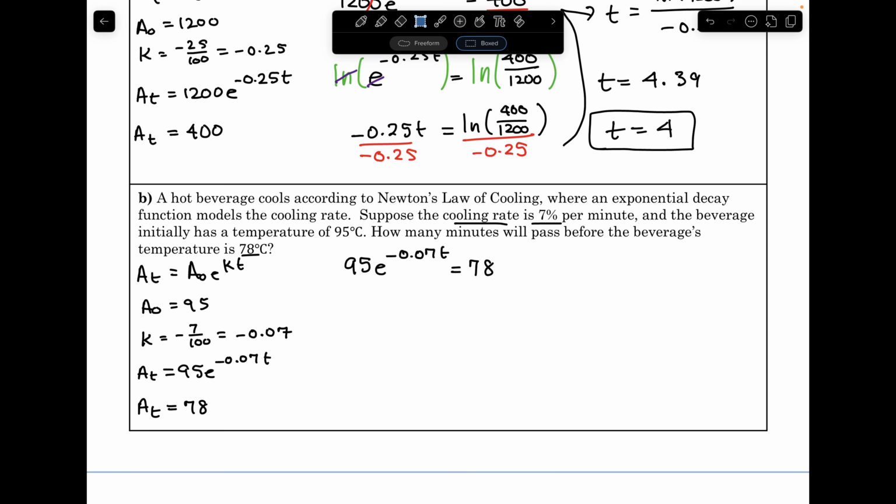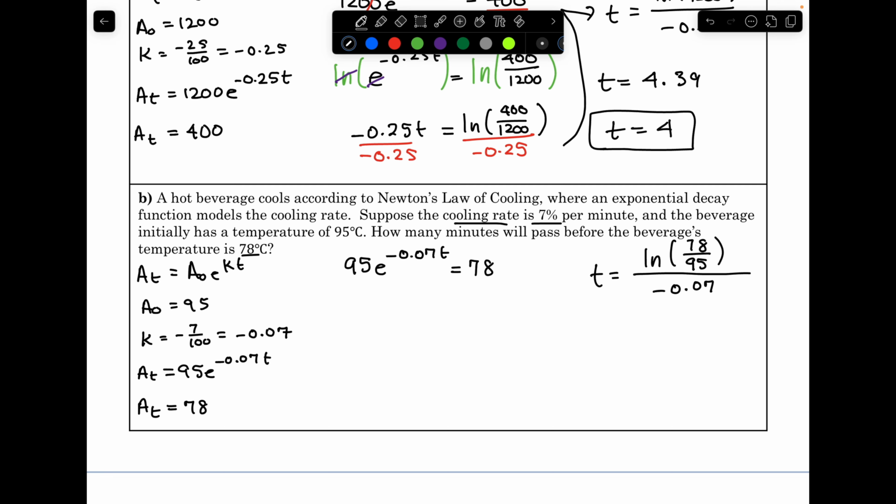Now here I'm going to skip all the steps and write in the answer before I show you the steps, and I know what the value of t is going to equal. The value of t is going to equal the natural log of this 78 that I want to get to, divided by the 95 initial temperature of this beverage, and then divided by negative 0.07.